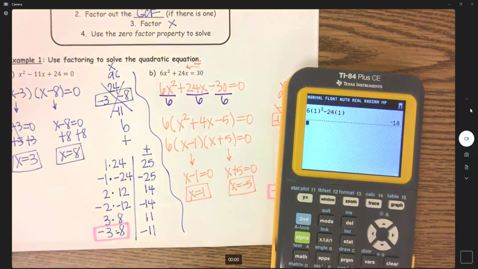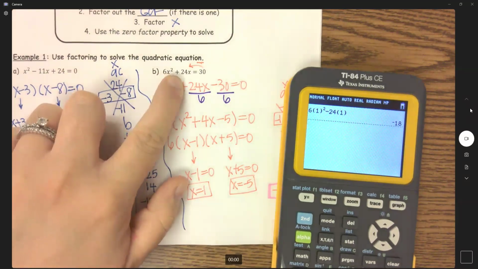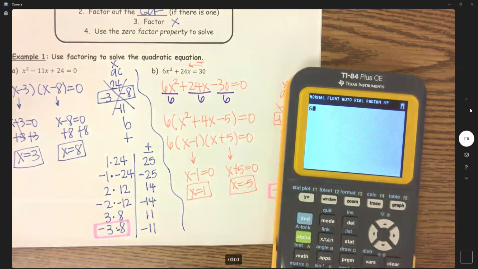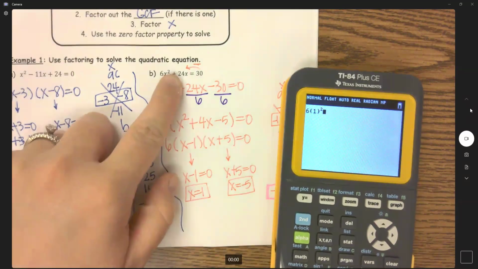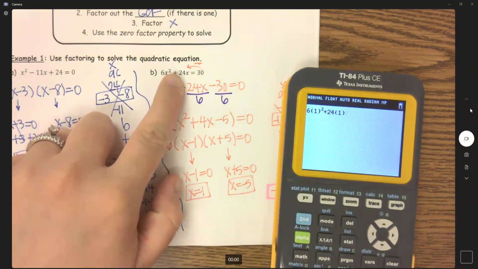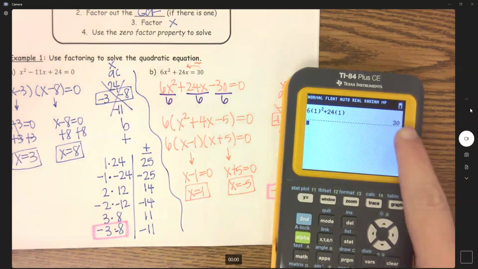Why did that not work? Oh, my goodness. Okay, because it's a plus 24. Oh, okay. So 6 times 1 squared plus 24 times 1 gives me 30.